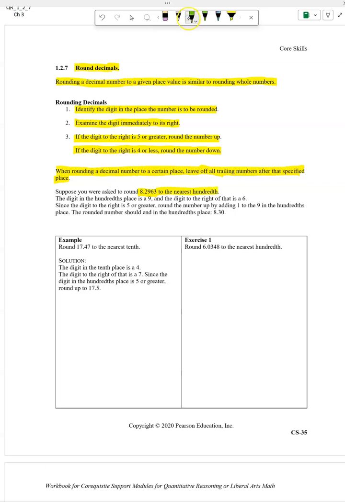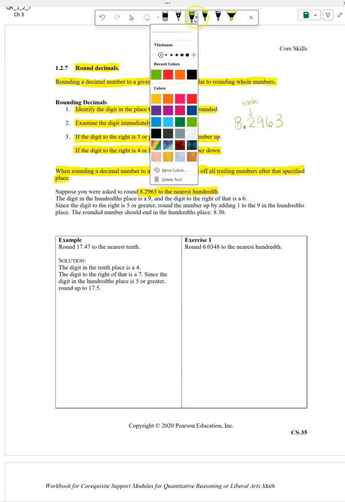Now this is where I want to talk about the numbers some, okay? So we have 8.2963, all right? Here's our decimal point, right? So the 2, this digit right here, is the tenths place.